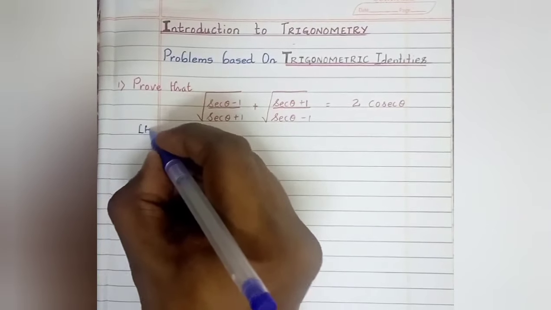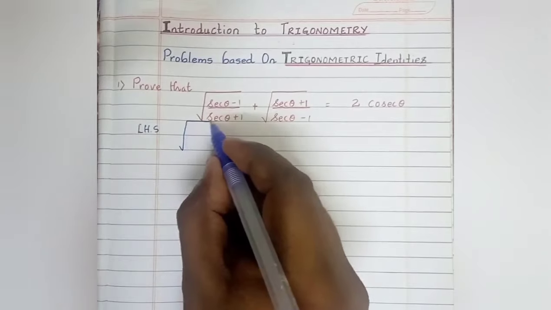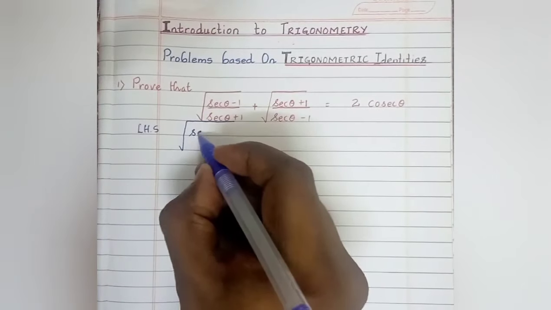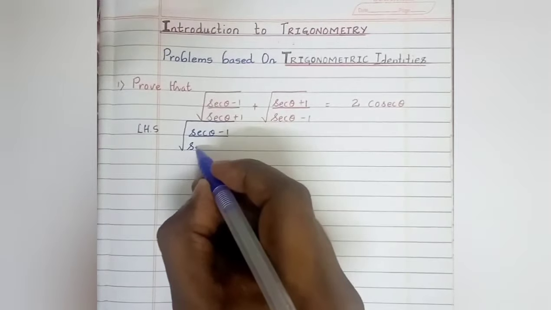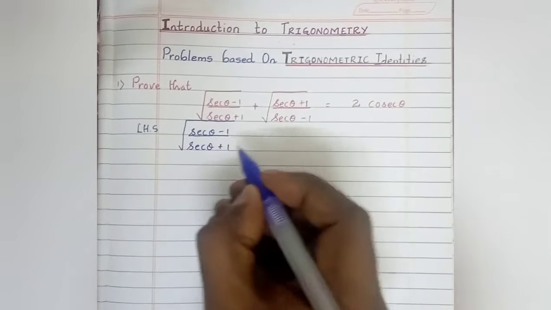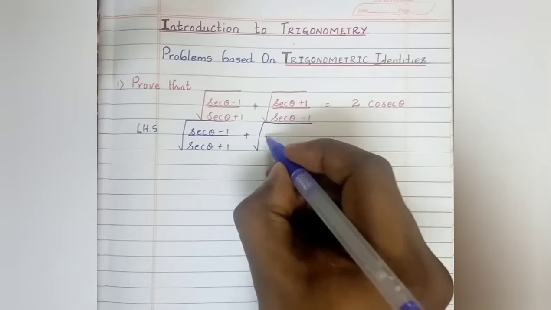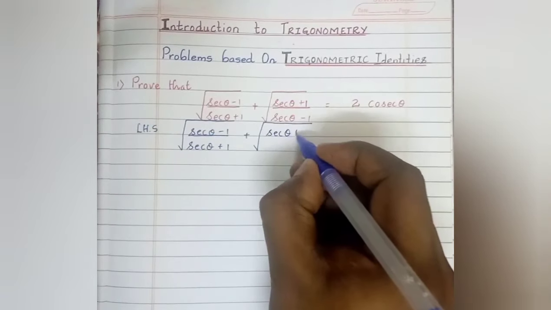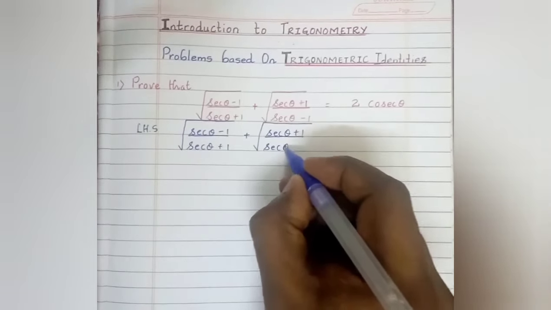First step, write down the LHS part. LHS is root of secant theta minus 1 divided by secant theta plus 1, then plus root of secant theta plus 1 divided by secant theta minus 1.